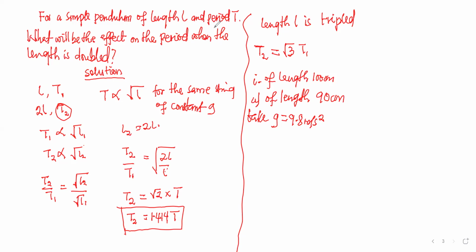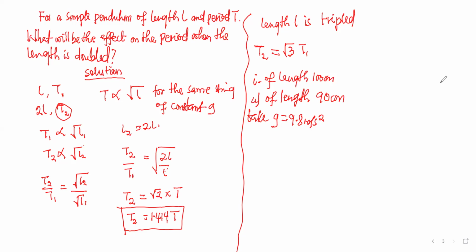Please can you go over the question? Calculate the period of oscillation and the time for 20 oscillations of a simple pendulum, I of length 100 centimeter, II of length 90 centimeter.